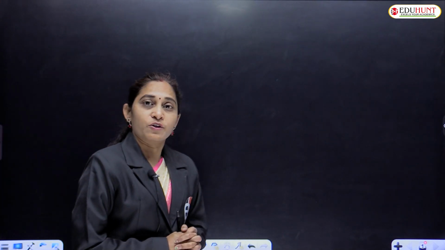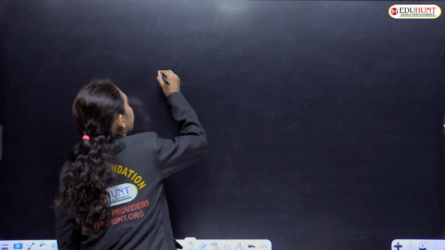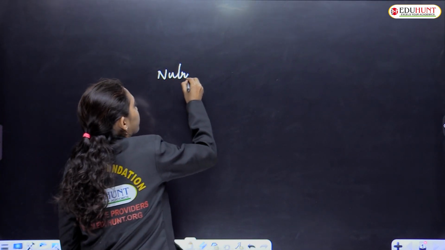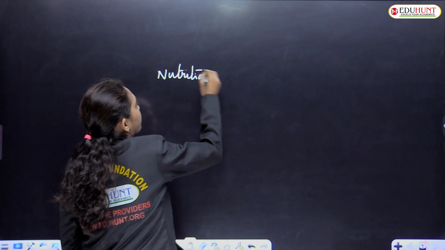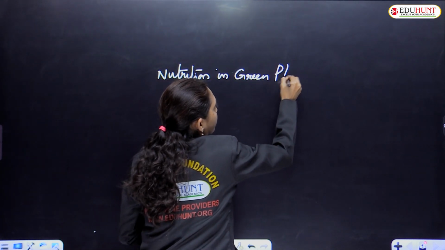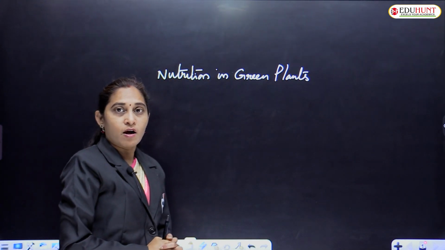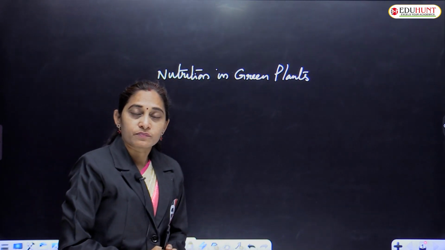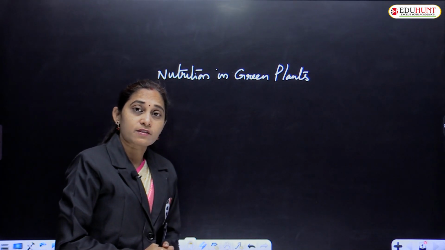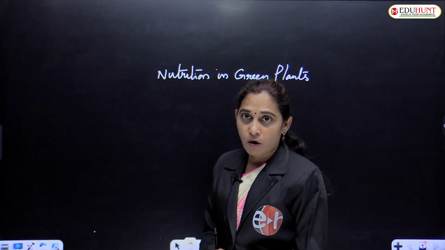Let us see nutrition in green plants. We know that plants are autotrophic in nature, that is, they can synthesize their own food material, whereas animals cannot.